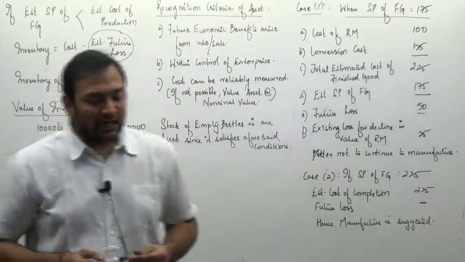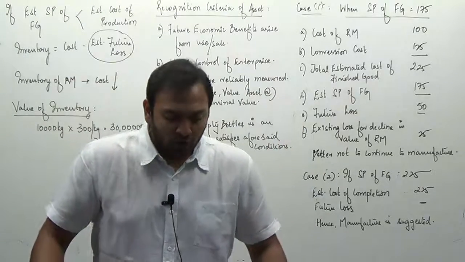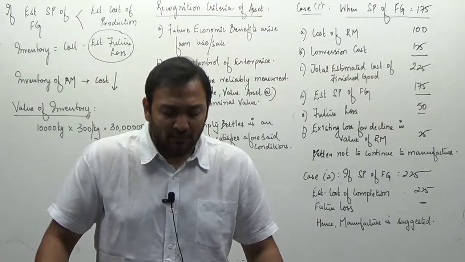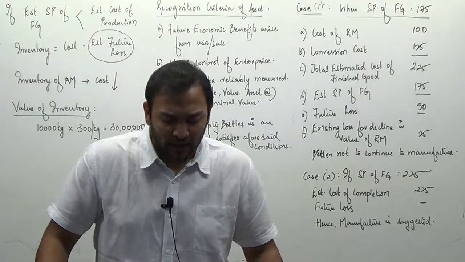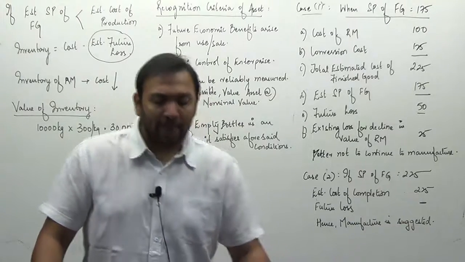What else? If so, whether the stock of bottles existing on the balance sheet date is considered to be inventory and valued as per AS 2, or should it be considered as scrap?